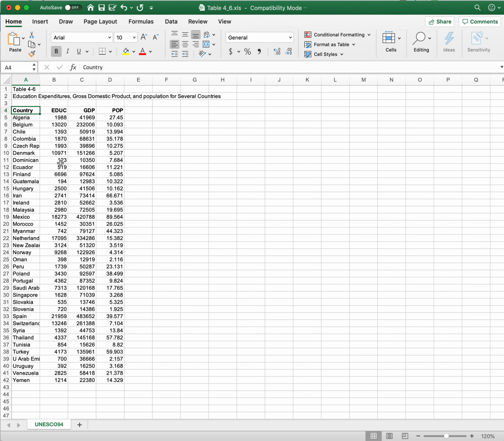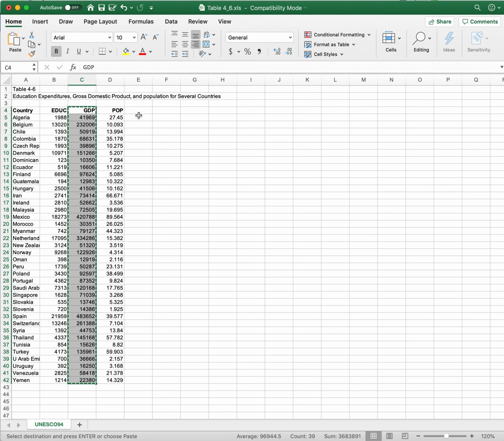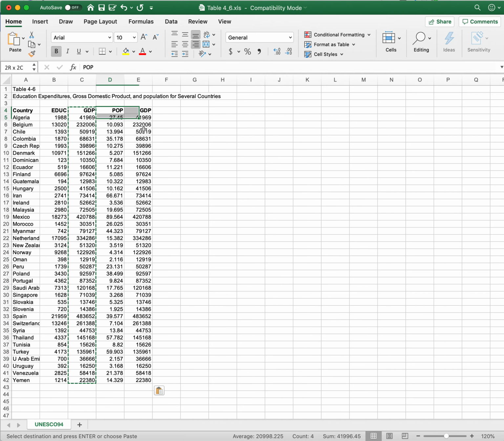So the variable of interest is no doubt GDP. We'd like to be able to predict GDP, so that's going to be the dependent variable.